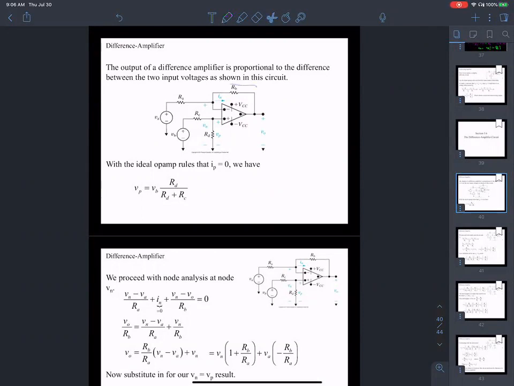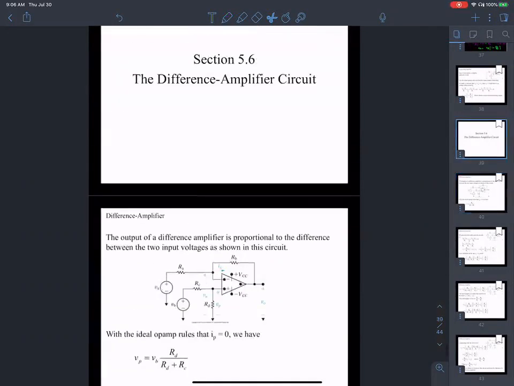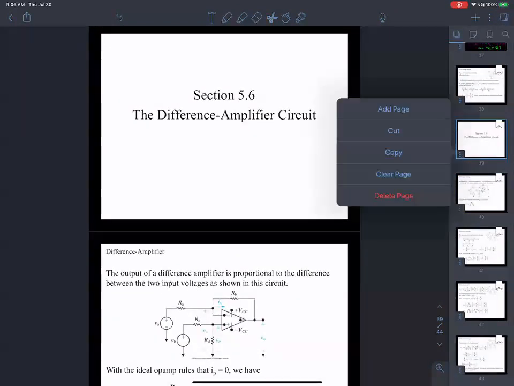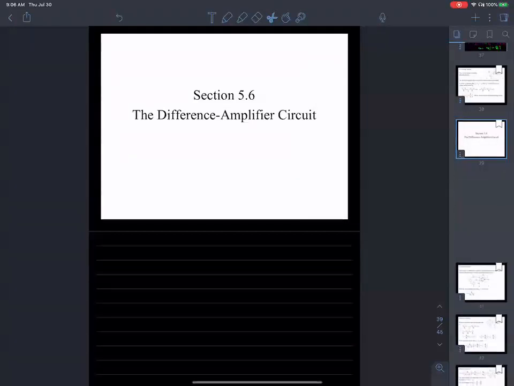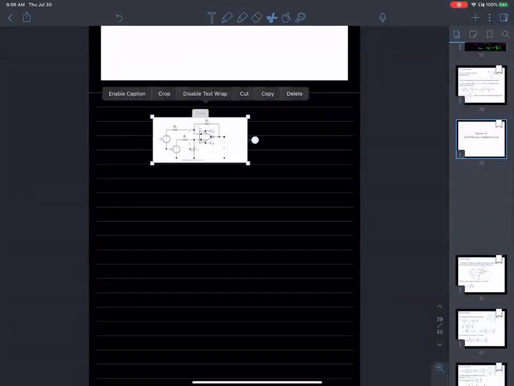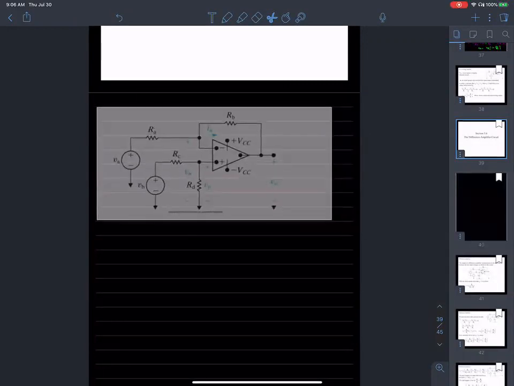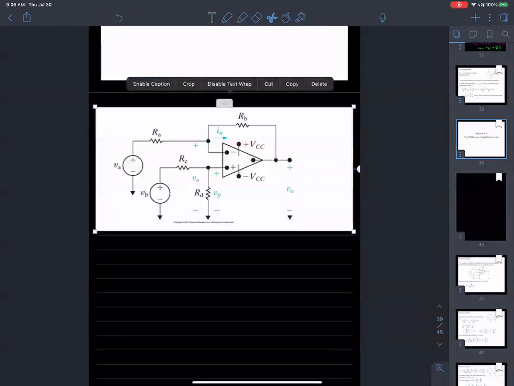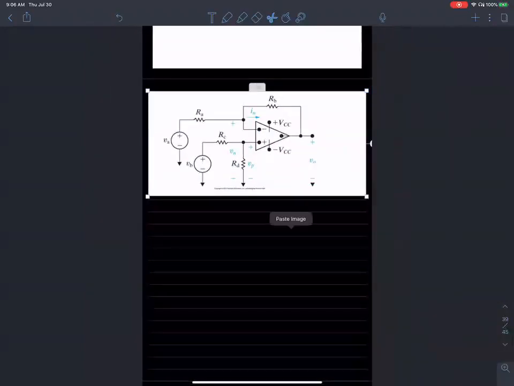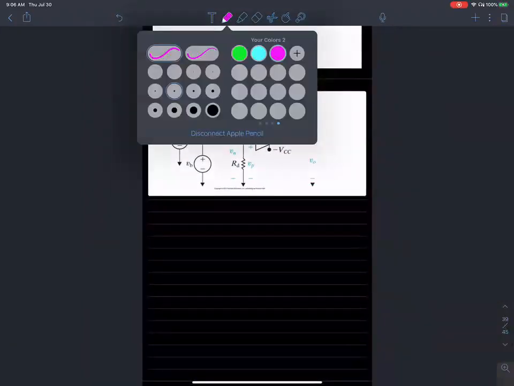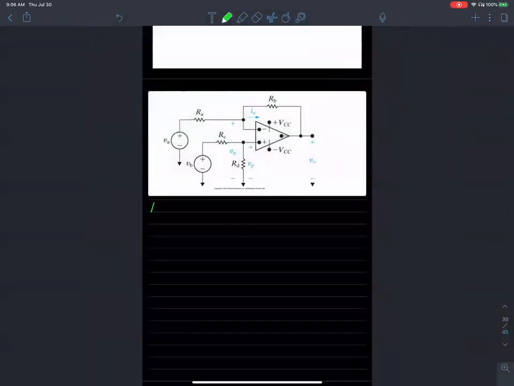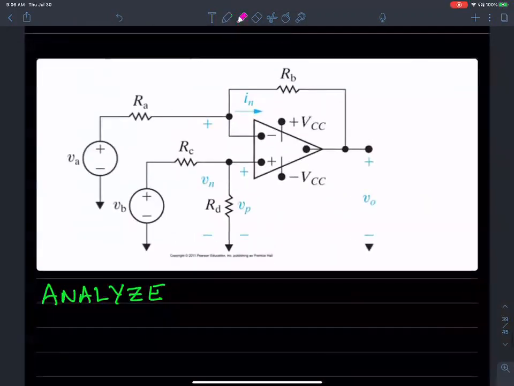Let's take a look at this guy. Let's copy that. I'm going to add a page over here. What I want you to do is analyze this op-amp circuit using the two steps that we discussed.